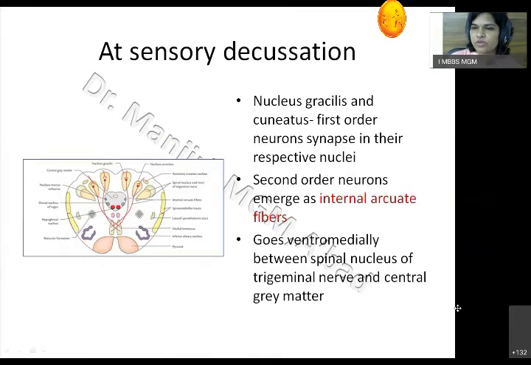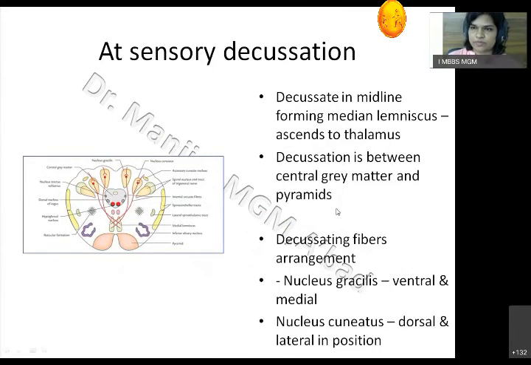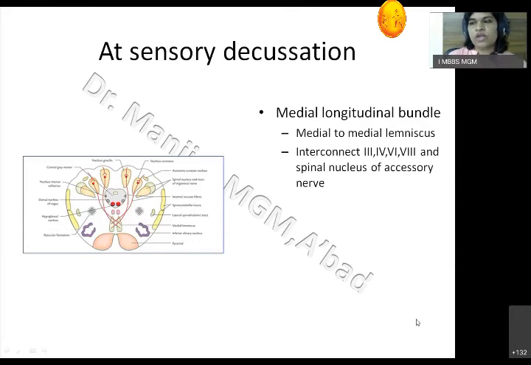So you have to remember these internal arcuate fibers. Now, regarding the arrangement of these fibers, the gracilis fibers will be ventral and medial, while the cuneatus fibers will be dorsal and lateral in position.